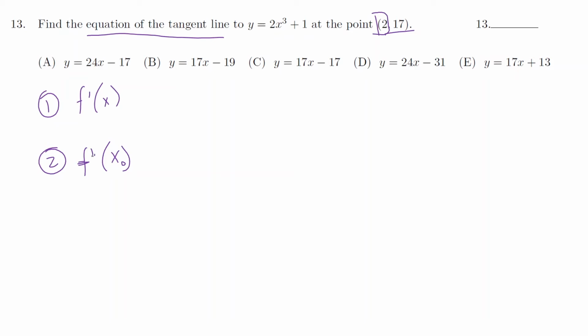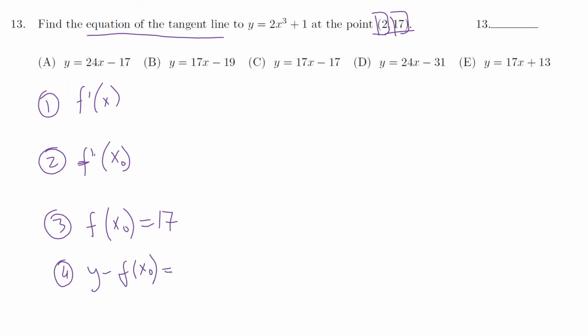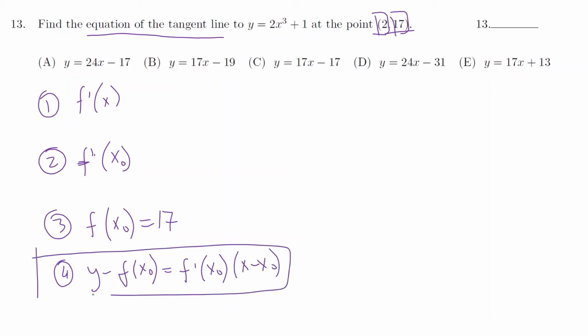Third step is to find f of x0, but it's already given to us in this situation, just 17, so we already have step 3 immediately. And step 4, y minus f of x0 equals f prime of x0 times x minus x0. Sounds very complicated. If you memorize this formula and these 4 steps, you can do any linearization problem.